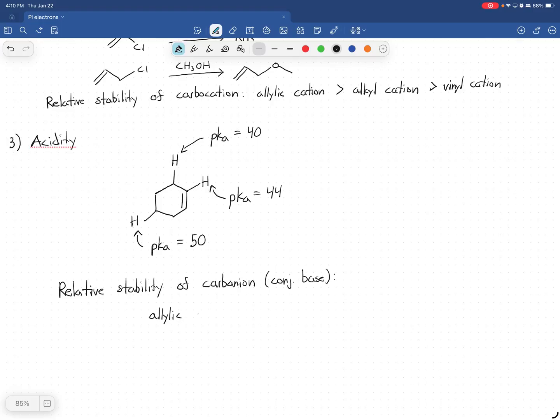So the allylic anion is much more stable. It's easier to form than the vinyl anion, and that's much greater than the alkyl.